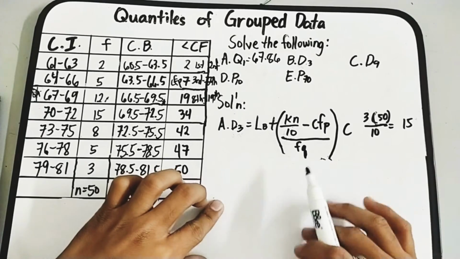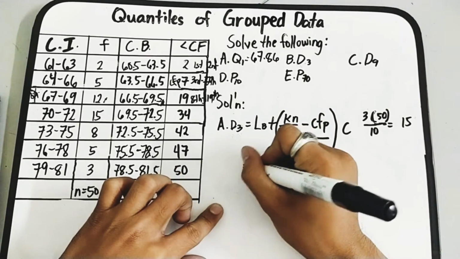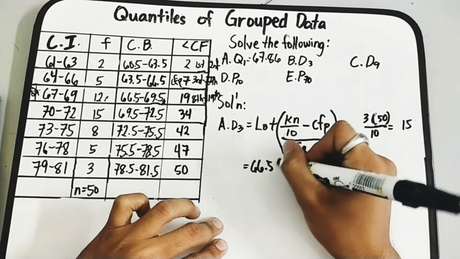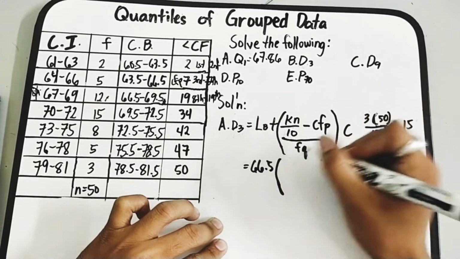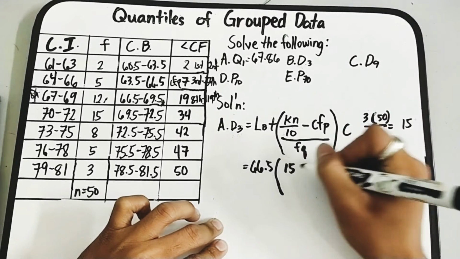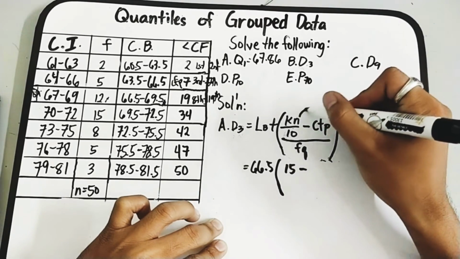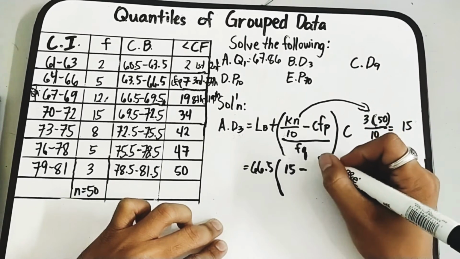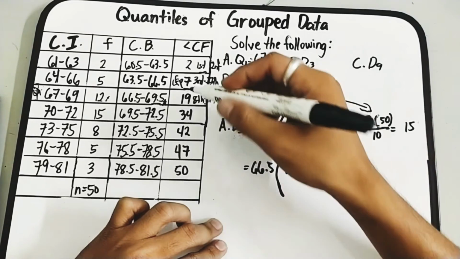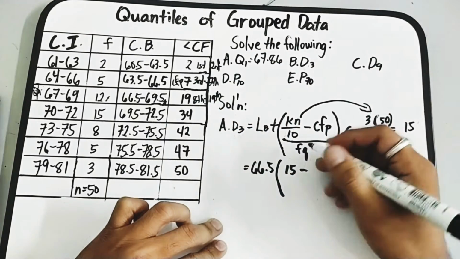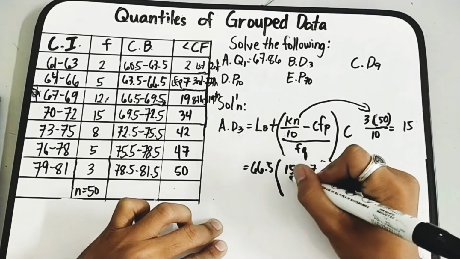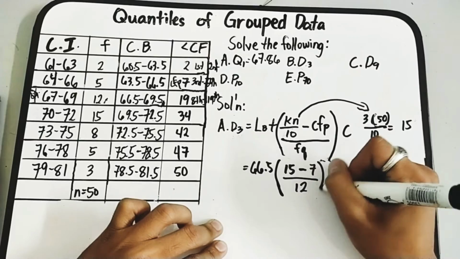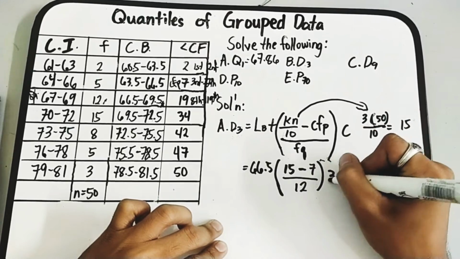So, therefore, we have a lower boundary dahil same lang sila, 66.5 plus 15 minus, again, ito pong kn over 10 ay ito na. Okay? 15 minus cumulative frequency preceding sa kanya is ito again, kasi 19 sakop, yung 7 ulit. Ayan. All over frequency niya na 12 times class interval of 3.